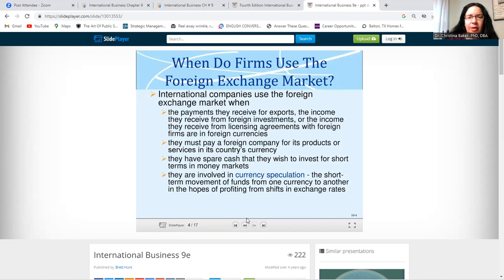They must pay a foreign company for products or services in the country's currency. They have spare cash that they wish to invest short term in the money markets. They are involved in currency speculation, the short-term movement of funds from one currency to another in hopes of profiting from shifts in exchange rates.